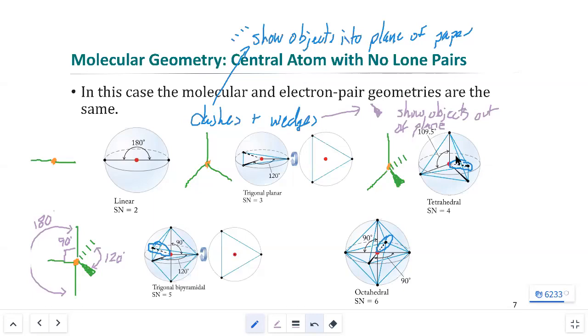But with these more advanced shapes, and again, steric number 5, steric number 6, we only see these if our center atom is breaking the octet rule. So one word of advice I'm going to give you here is that we are probably going to over-represent steric number 5 and 6 in terms of the frequency that they exist in real substances.